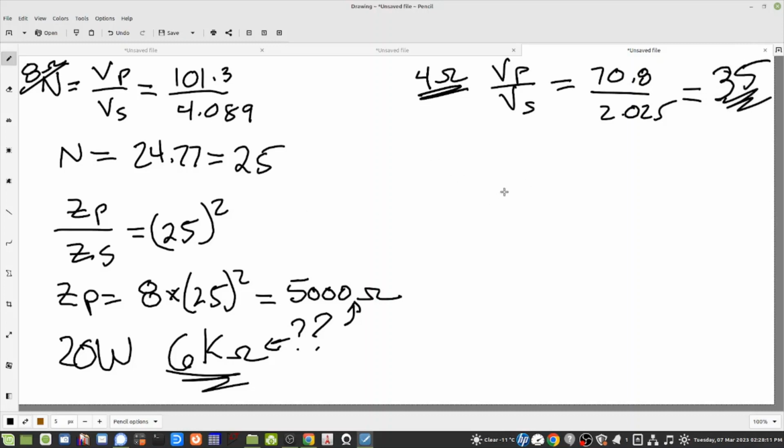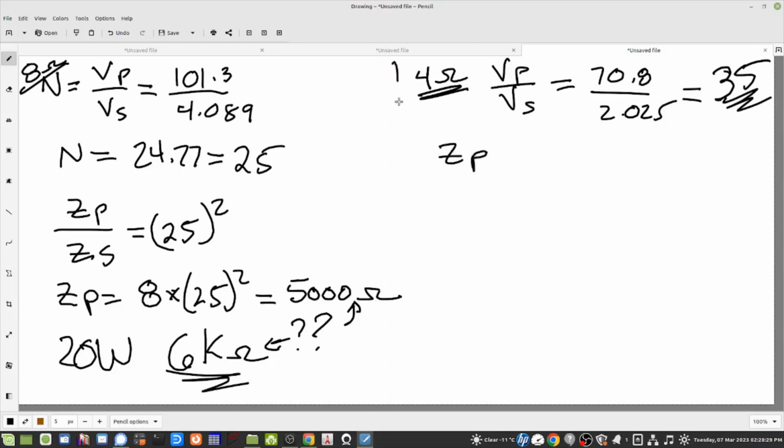And for the 4 ohm side, we're going to now see what the primary impedance is. And that's our turns ratio for the 4 ohm side, 35. So now we get our impedance formula out.